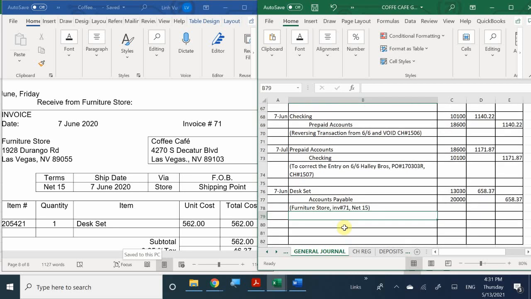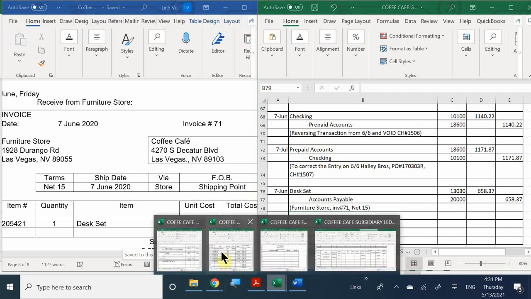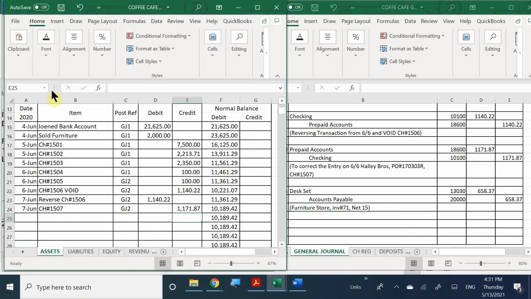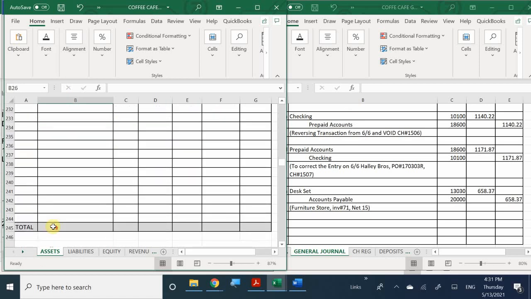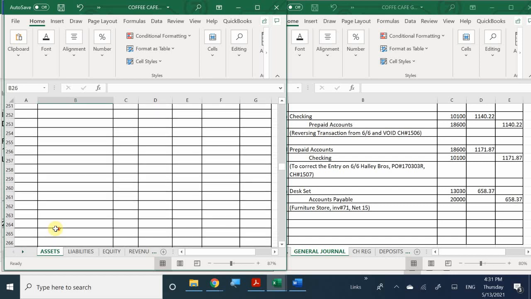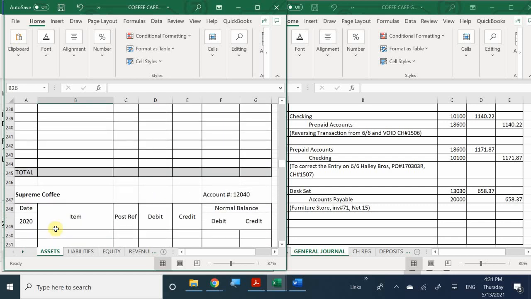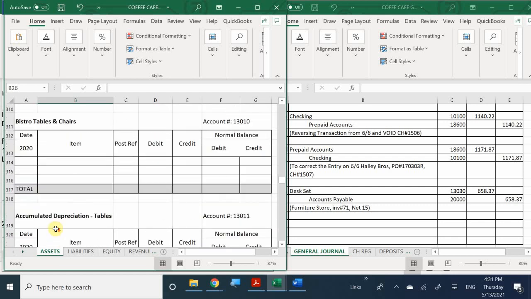Okay? All right. Of course, now that we finished our journal, our next thing that we have to do is update our ledger. So, ledger, right? We obtained or acquired a desk set. So that's going to be under furniture. Okay, so that's my Supreme Coffee.